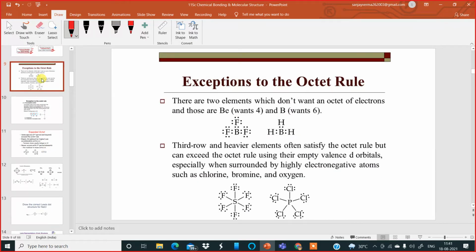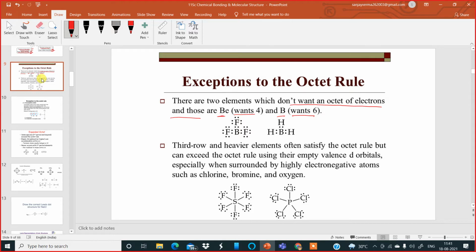Now there are exceptions to the octet rule as well. There are two elements which don't want an octet of electrons, and those elements are beryllium and boron. Beryllium wants 4, boron wants 6, in the examples over here. Have a look.